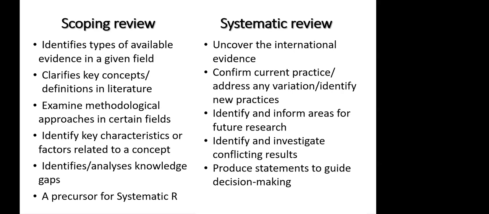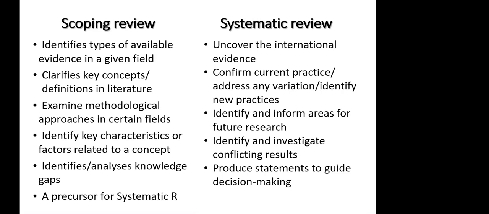So a systematic review can be used to confirm current practices or even question them. It can be used to identify or inform areas of future research, and identify and investigate conflicting results.